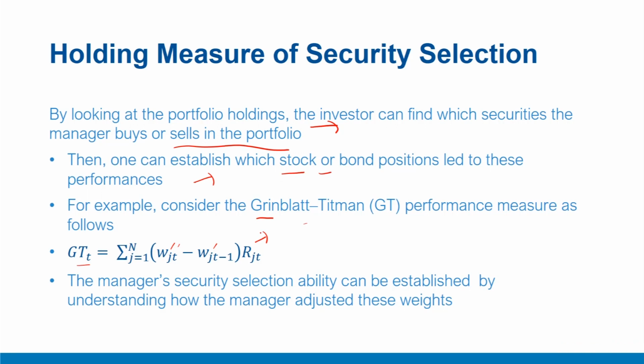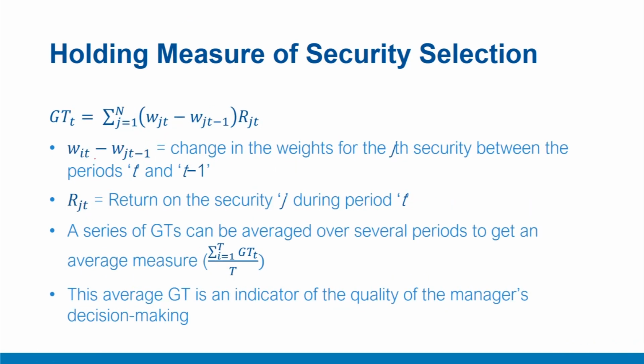This measure can be examined to see the security selection ability of a manager by understanding how the manager adjusted weights between these periods, let's say T minus 1 to T. In this formula, W_jt minus W_jt-1 indicates the change in weights for security j between period T and T minus 1, while R_jt is the return on security j for period T, that is from T to T plus 1.